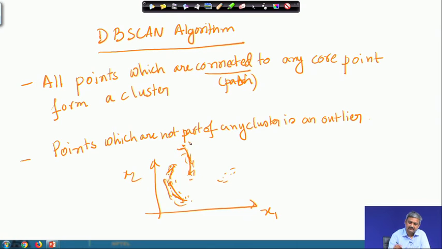Similarly, all are connected to each other, outliers are not connected.